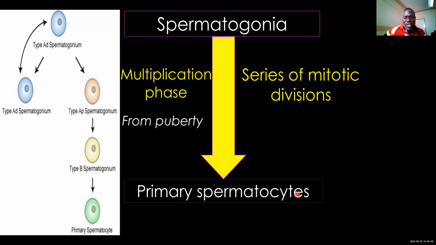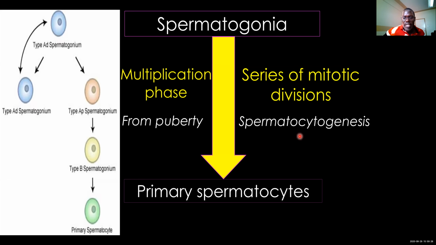There are multiple series of mitotic cell division. It will lead to formation of primary spermatocytes. Because this process of mitotic division leads to formation of primary spermatocytes, we sometimes refer to this process as spermatocytogenesis.